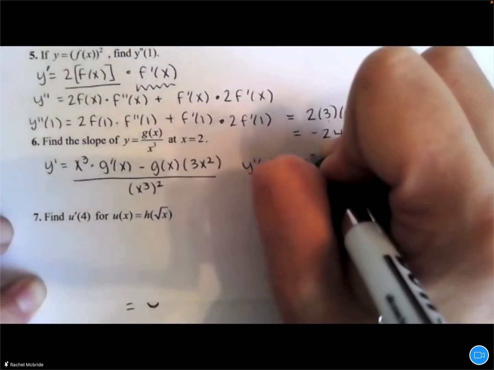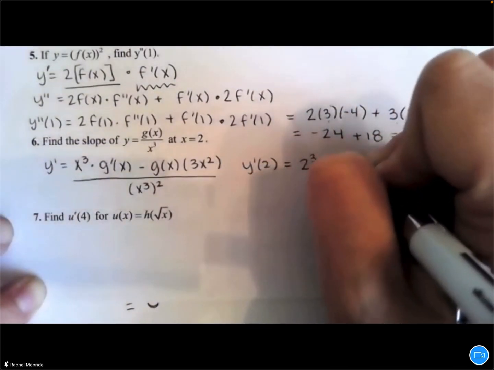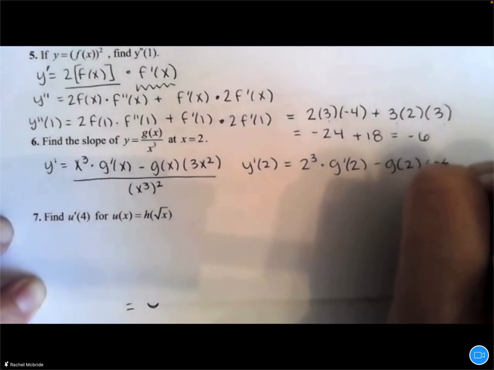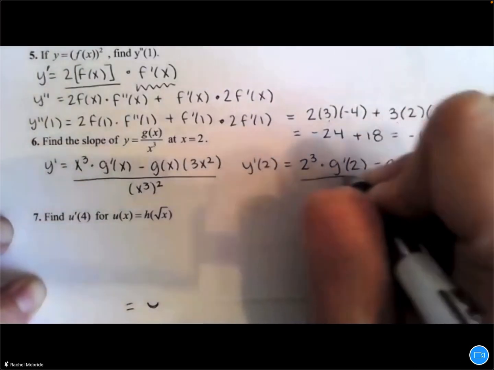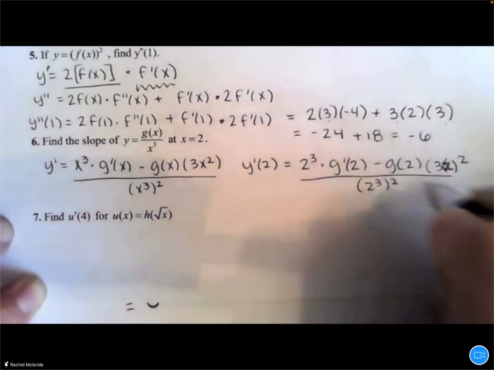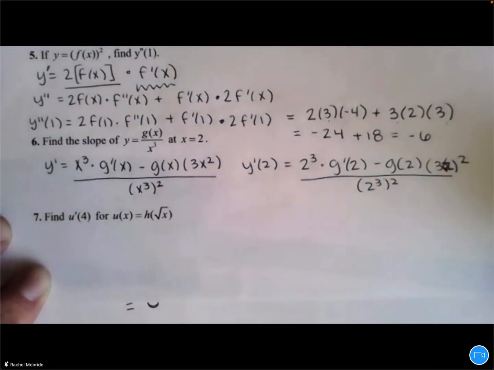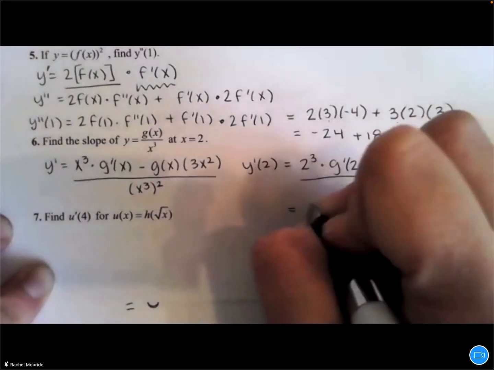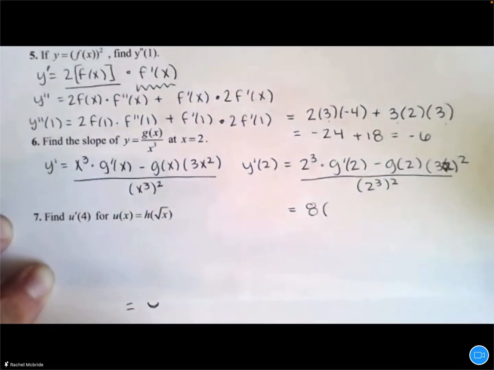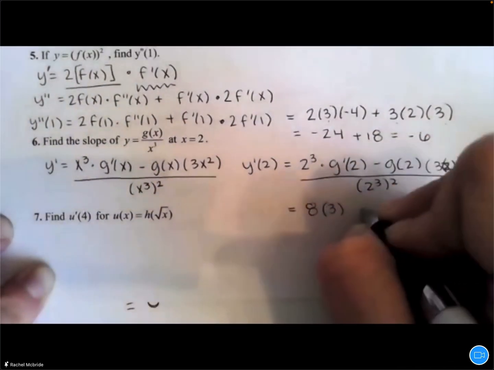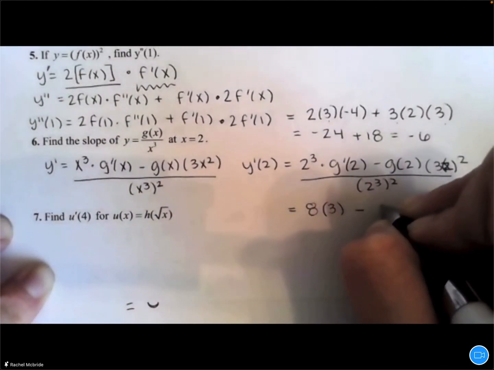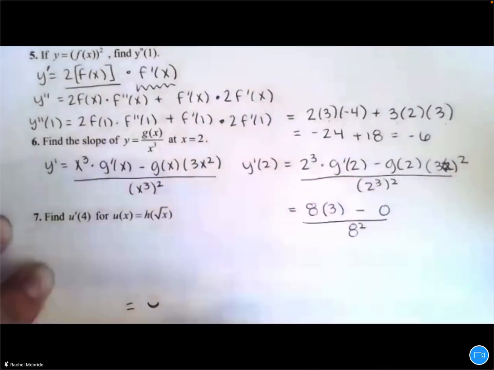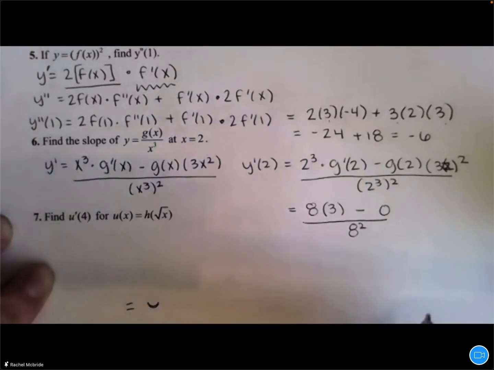Evaluating at 2 gives 8 times 3 over 8 squared.